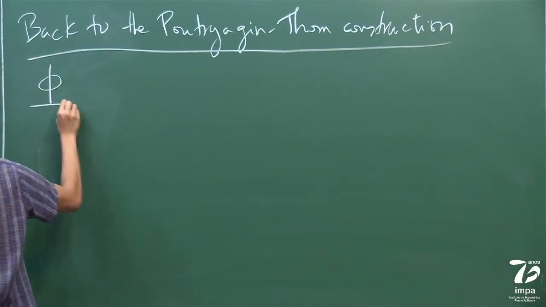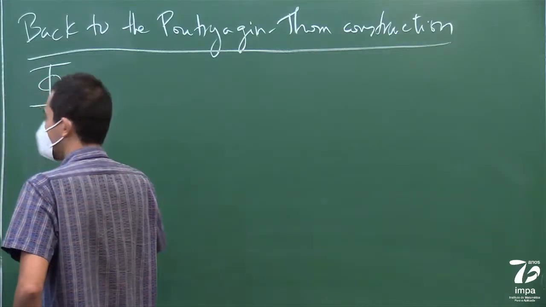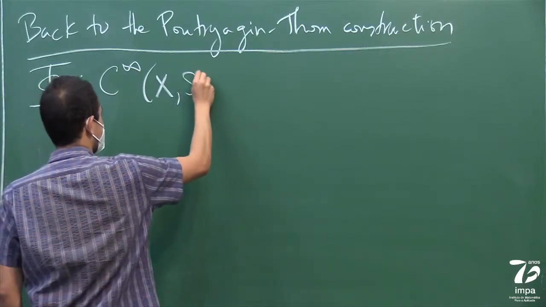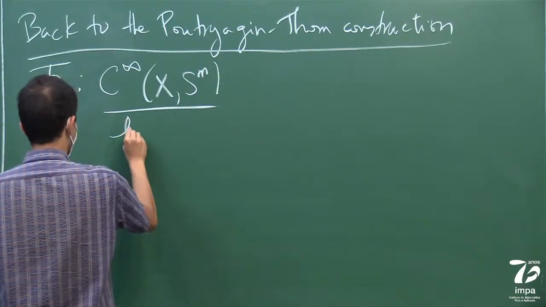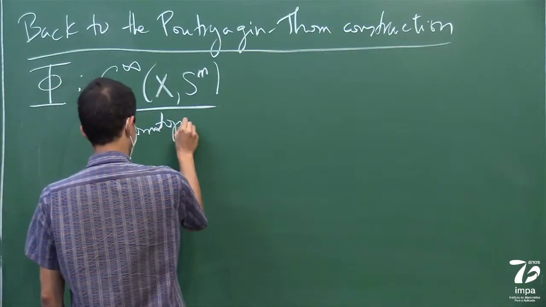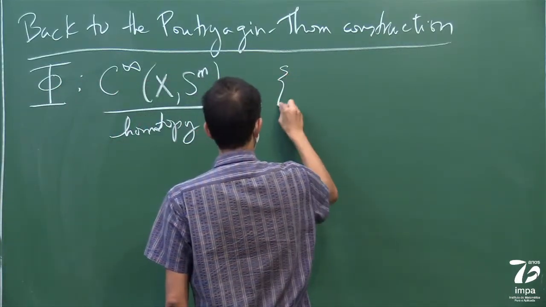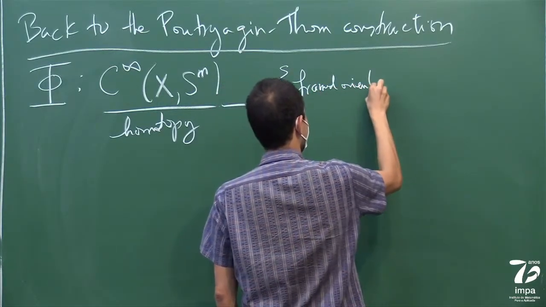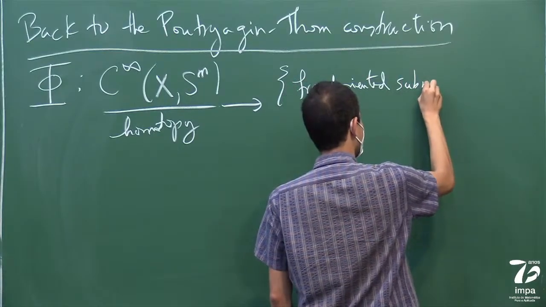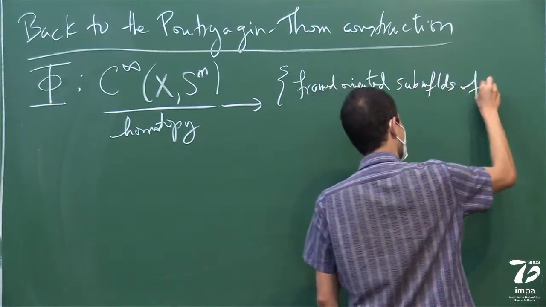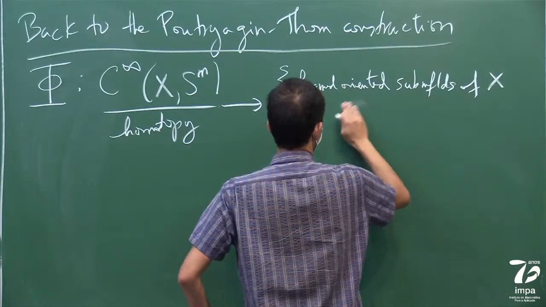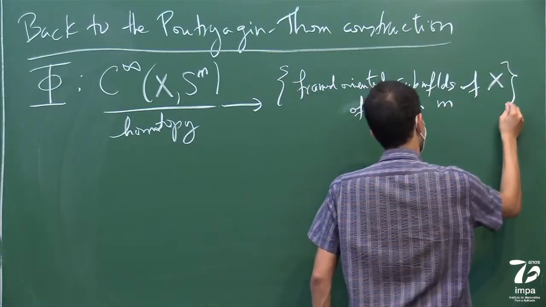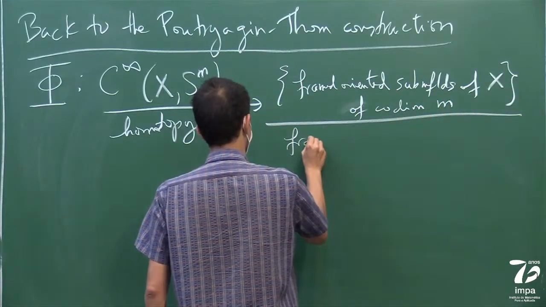So we had this map, capital Phi, that took maps from X to S^m modded by homotopy into framed, oriented submanifolds of X, of codimension m, quotiented by framed cobordisms.